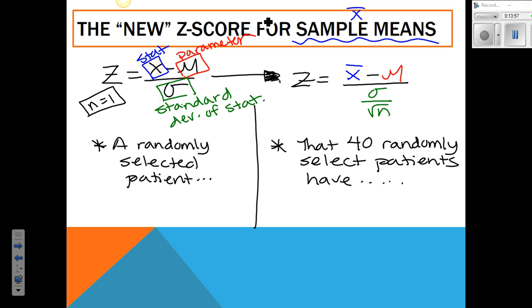So when am I going to use old versus new? When I'm talking about a single randomly selected patient versus 40 randomly selected patients. Does that make sense? You'll have a number that goes along with it, like 40, 20, 70, 144. Spoiler alert, that's going to be an example later. All right, is that good?